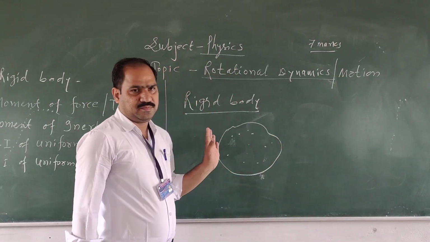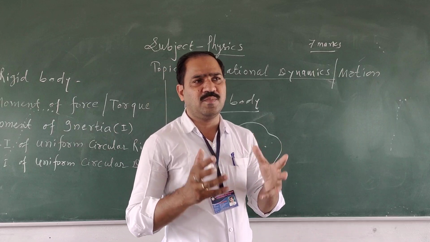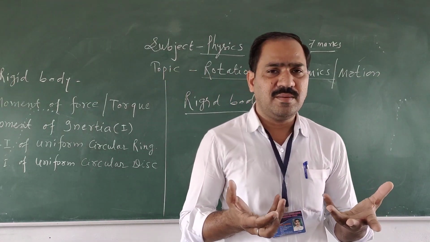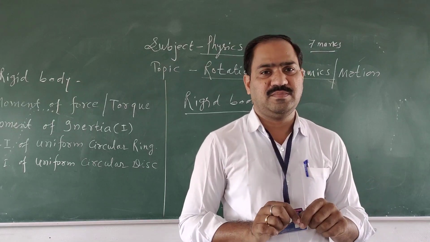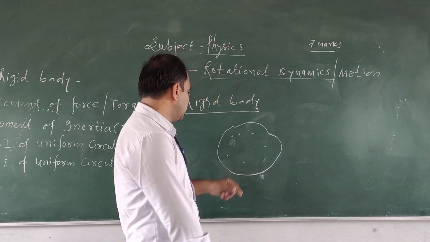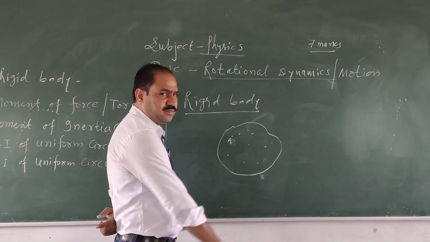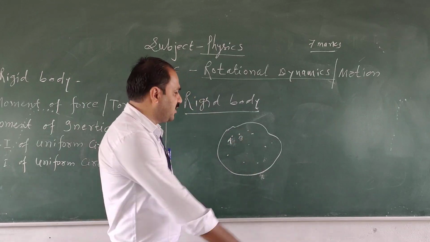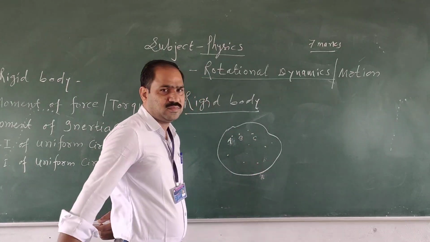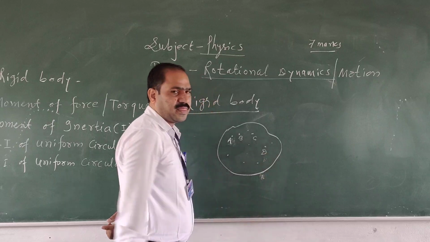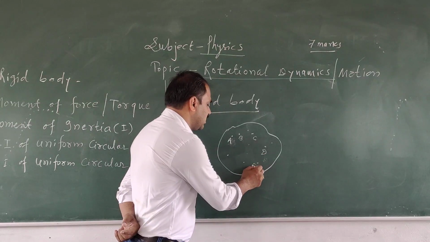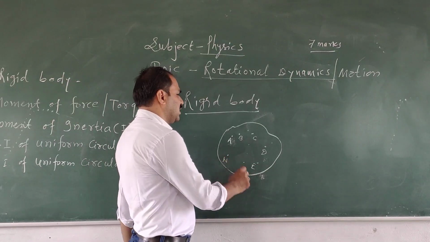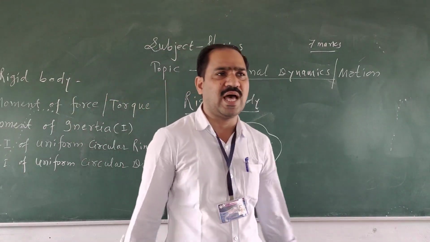So this is the body, and this body contains a number of particles in it, and each particle has its own mass. Suppose the first particle is denoted by letter A, the second particle by letter B, the third particle by letter C, the fourth particle by letter D, the next particle is E, and so on. So the body contains a large number of particles.